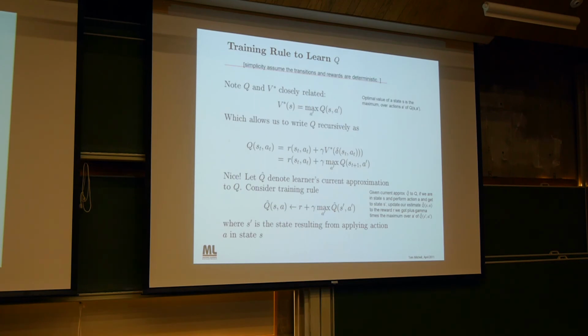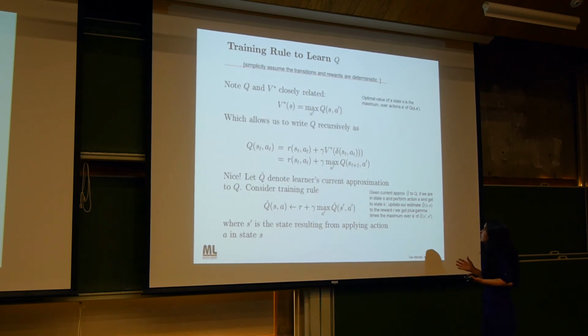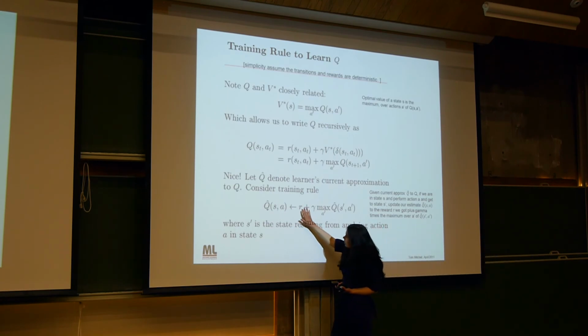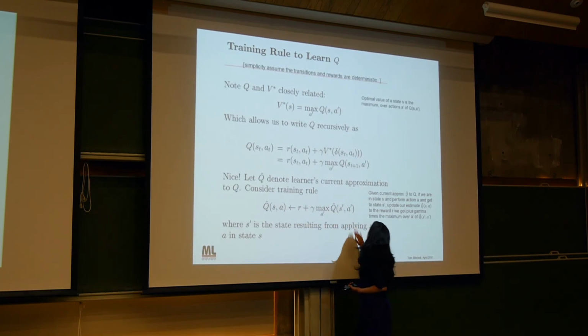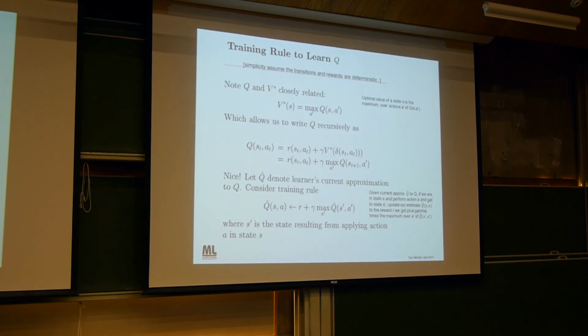In other words, if Q hat is our current approximation, and we are in state S and perform a certain action A, we get some immediate reward, and then we update our Q hat value by adding to this reward gamma times the maximum over all actions A prime of Q hat of S prime and A prime.